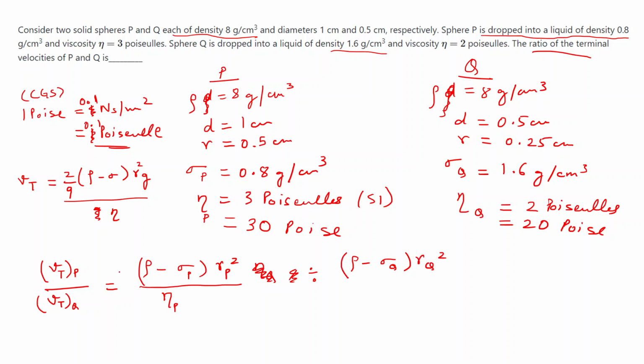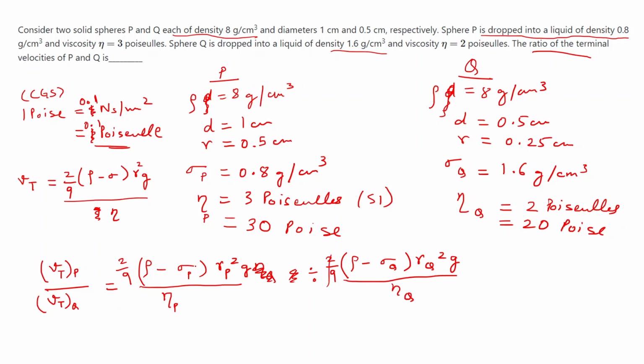The other things are already cancelled, so I didn't think I would write them, but just to keep everything without confusion I'll write like this. I'm taking a ratio, meaning I'm dividing these expressions like this.